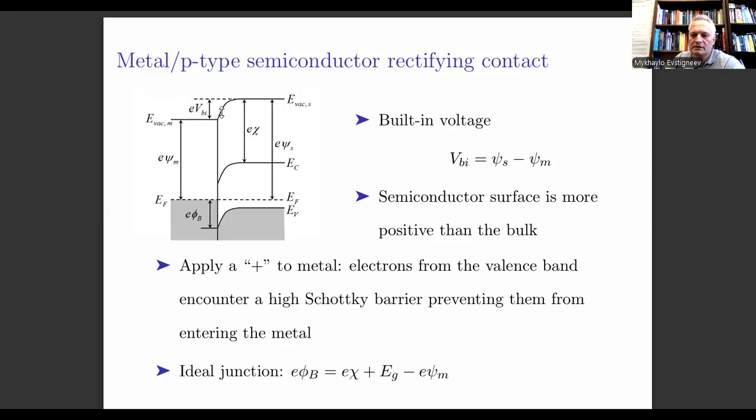Since the semiconductor bands are bent down, and the energy which you plot on the energy band diagram is the energy of an electron, this implies that the surface potential on the surface is positive. So the surface is more positive than the bulk.